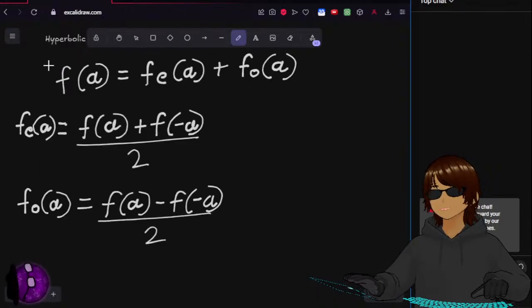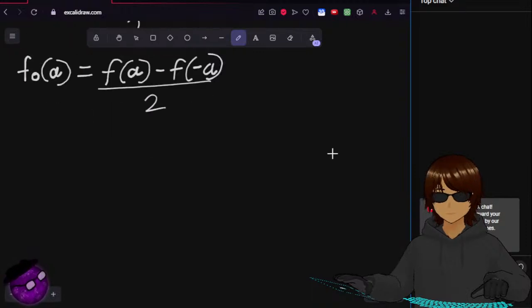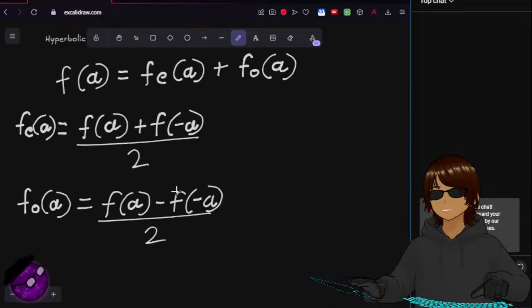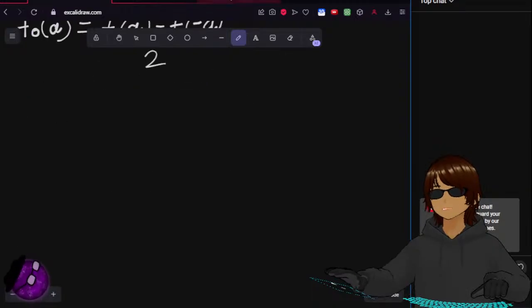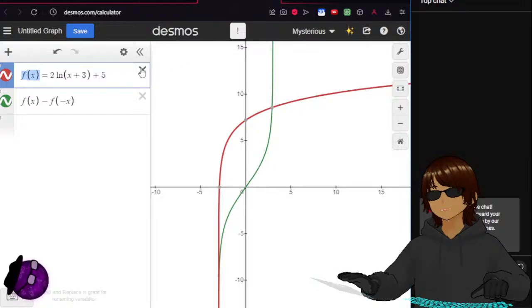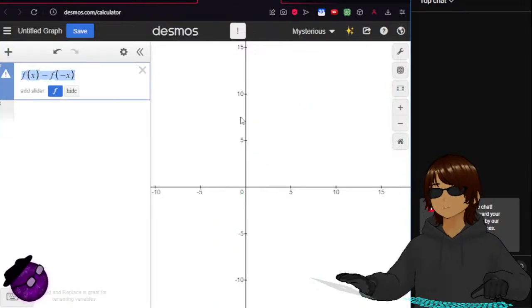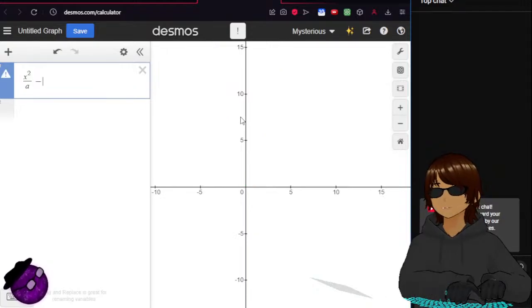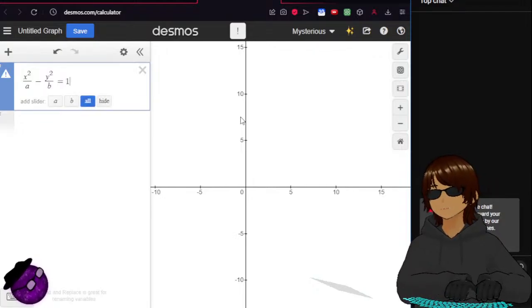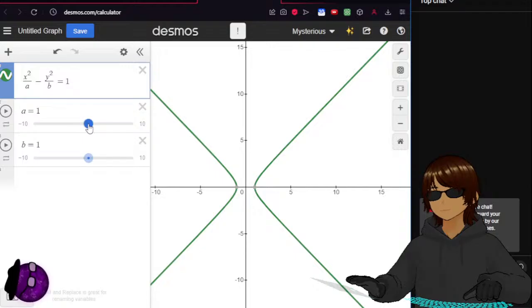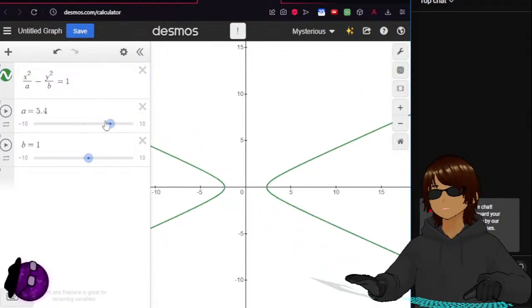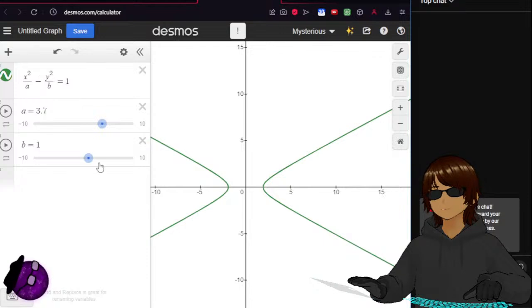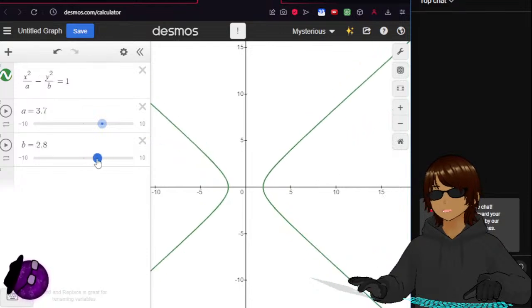So now how is this relevant to hyperbolic functions? A hyperbola is any graph that's written in a form like x squared over a minus y squared over b equals 1.